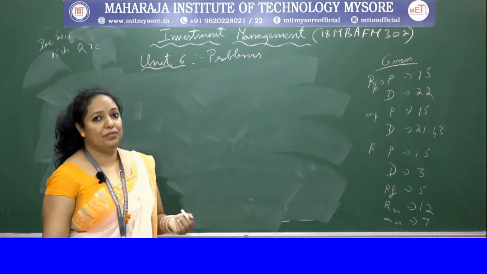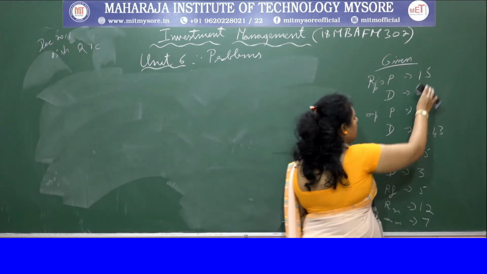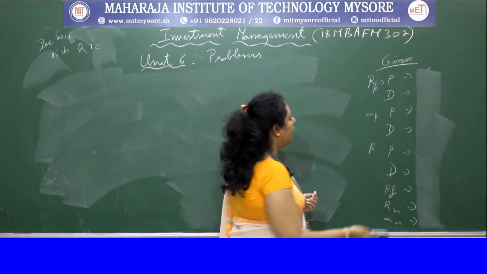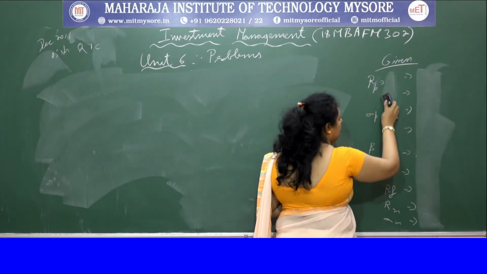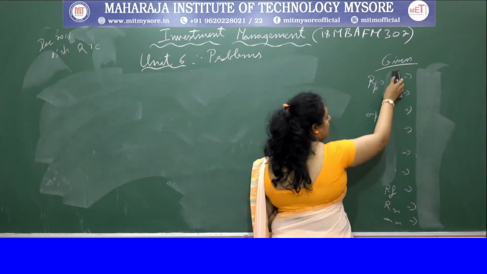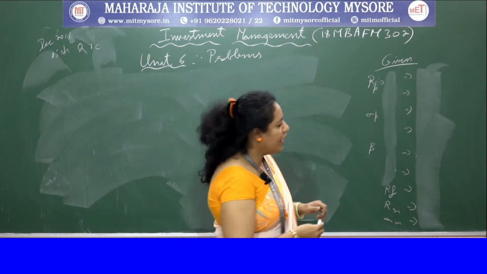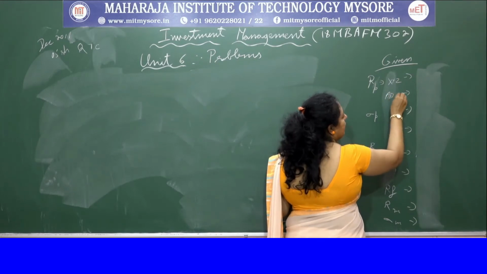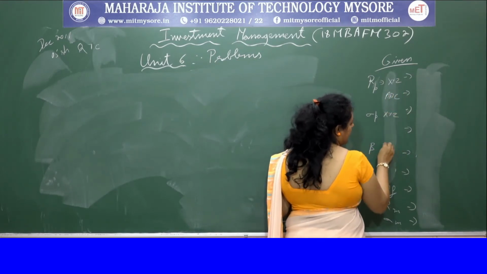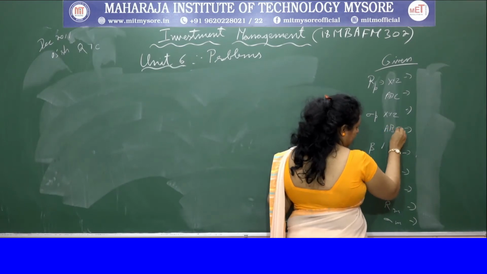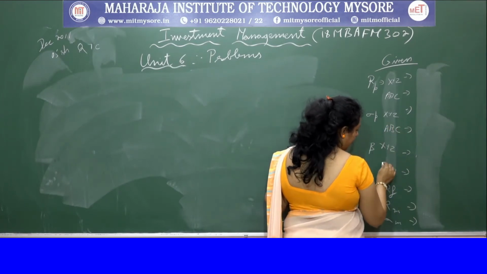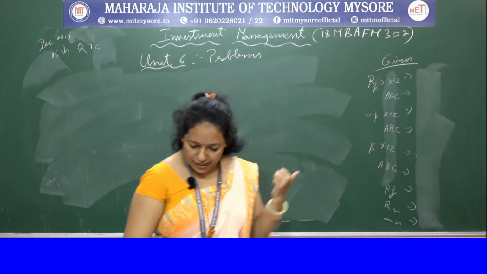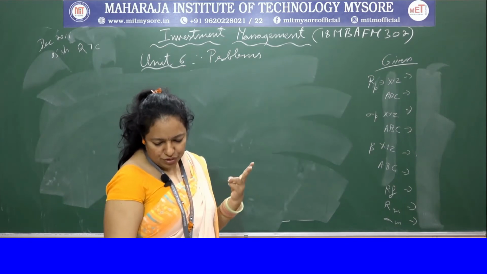Now let's write the given first. Okay, this was the previous problem's given. I'll just rub this and I'll write the current problem's given. So the company names are also changed. It is XYZ and ABC. Let's see the question again. So they have two mutual funds.